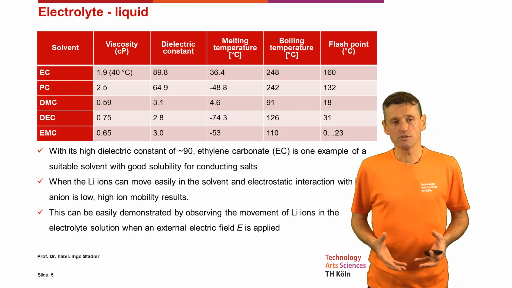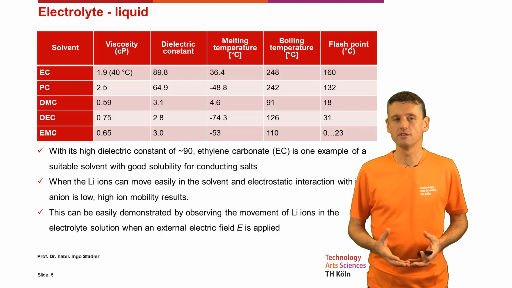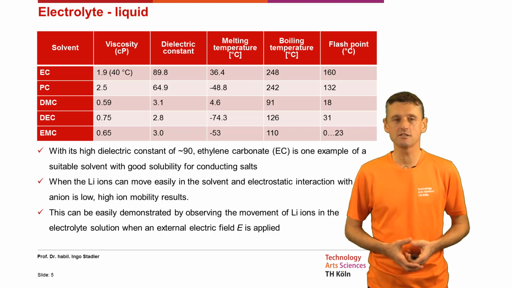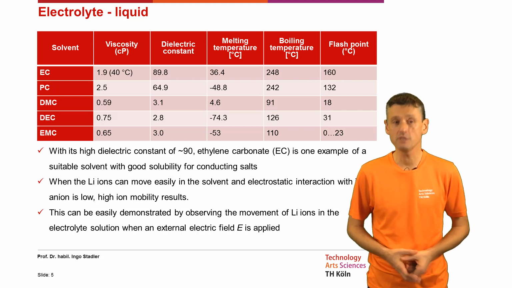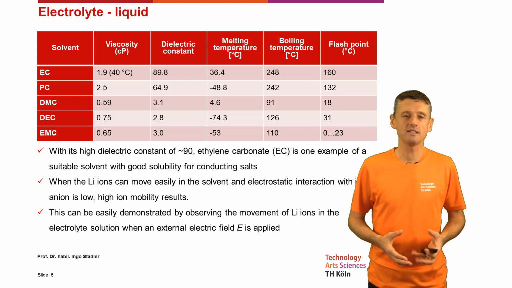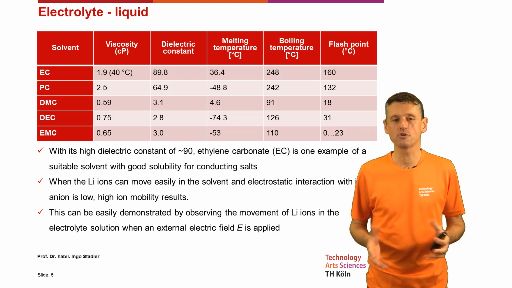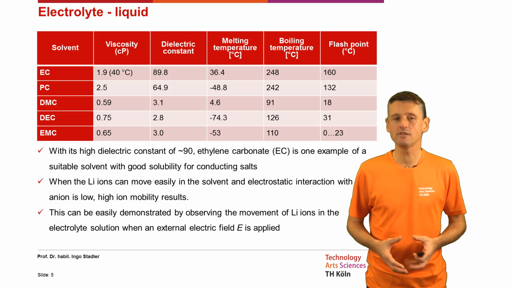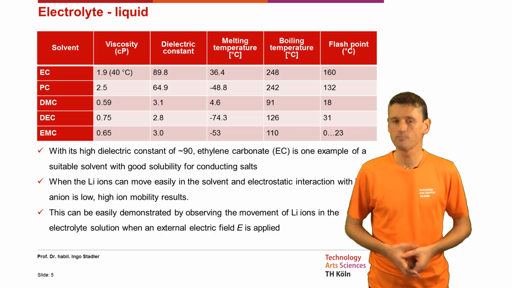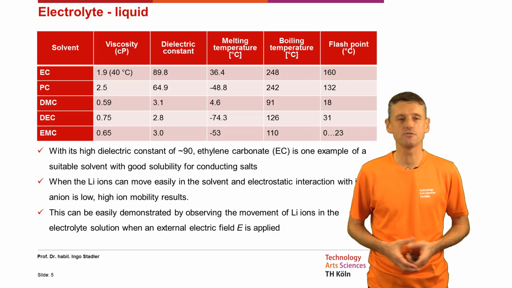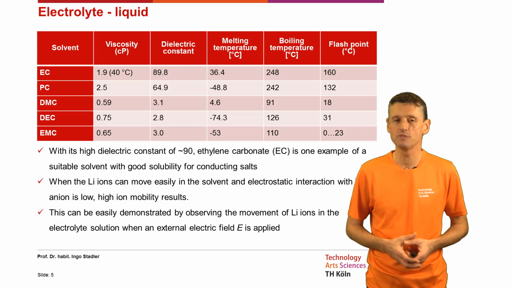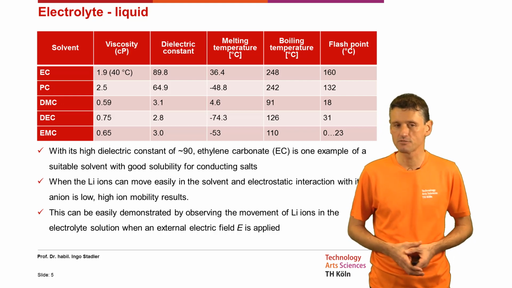In this table we have several solvents listed with their physical parameters, and with its high dielectric constant of approximately 90, ethylene carbonate EC is one example of a suitable solvent with good solubility for conducting salts.